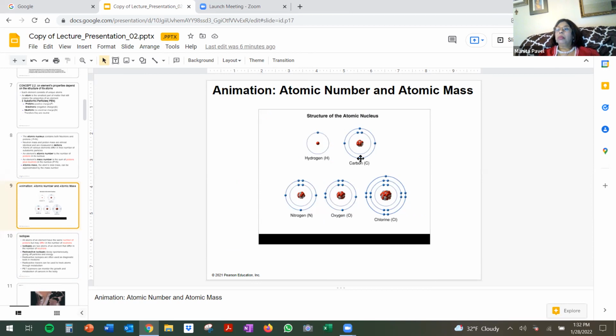Therefore, what are the properties of these orbitals? What is important about an orbital? Every orbital can only hold a maximum number of electrons. Therefore, we go into what we call the octet rule.